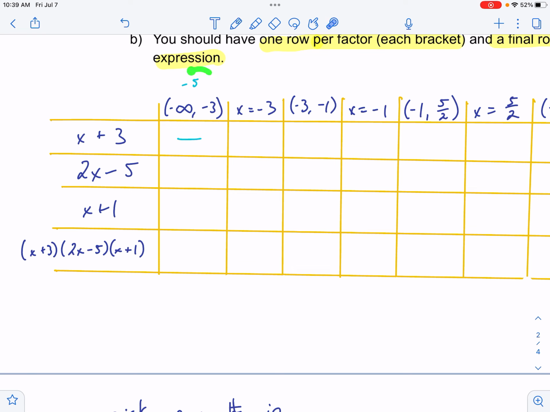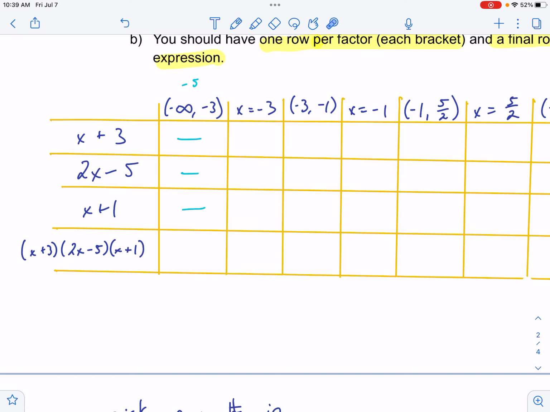When I substitute -5 into 2x minus 5, that's -10 minus 5, I get -15, so my answer is negative. When I substitute -5 into x plus 1, I get -4, which is still negative. Okay, that's all we need to do.